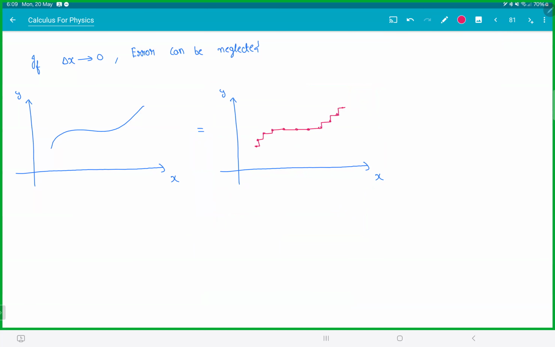That is how you're trying to draw actually. You're getting it?